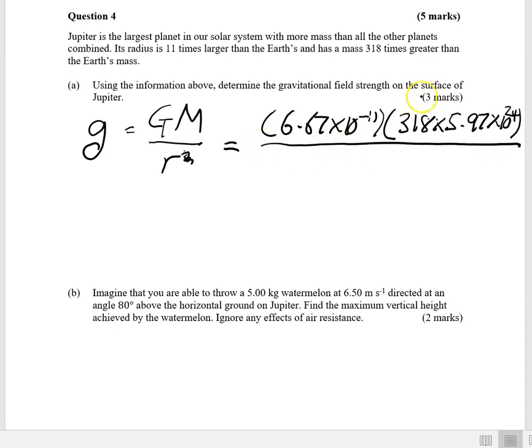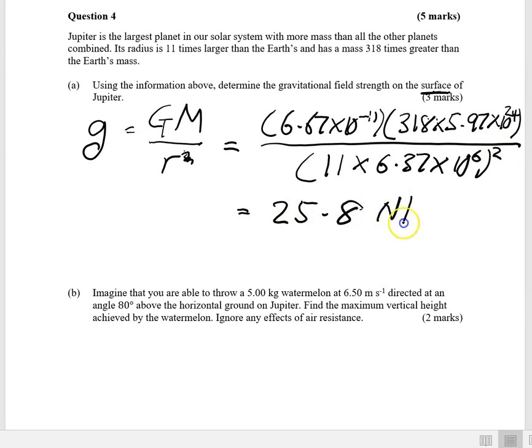R here is on the surface, so you have to take 11 times the radius of Earth, 6.37 times 10 to the power of 6. Whole thing squared. Often students will forget to square. The answer here is 25.8 Newton per kilogram. That is usually the unit we use for gravitational field strength. So that's how you do it.